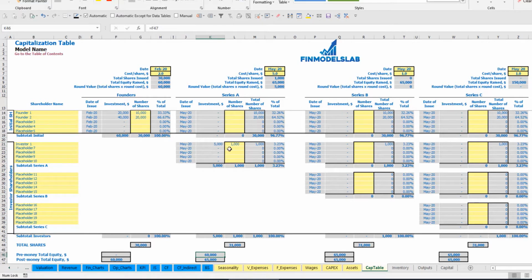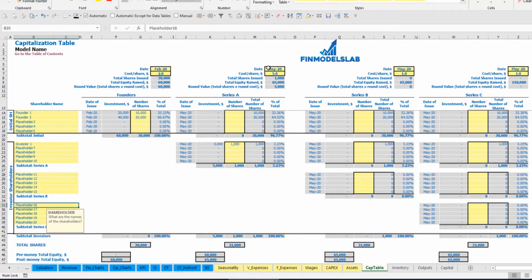You may see that before the Series A total equity was $16,000, after is $65,000, and investor 1 will have 3.23% of shares, and the shares of founder 1 and founder 2 are also diluted, 32.26 and 46.52%.